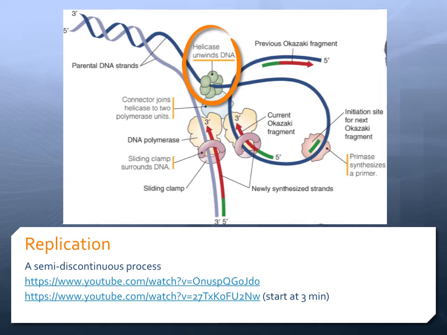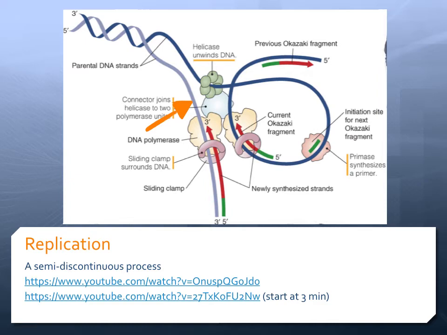When the helicase unwinds DNA like that, it creates two single-stranded DNA pieces, and one of them will serve as a template for a continuous synthesis. It is the leading strand, highlighted here and shown in grayish, while the other strand that we will see a bit later will have a synthesis that is discontinuous.